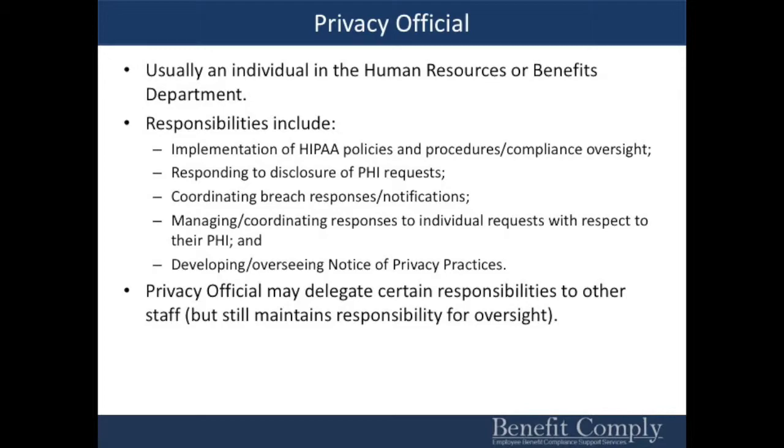The privacy official is also responsible for acting as a point of contact for questions about uses and disclosures of PHI, investigating and responding to known or suspected breaches, responding to individual rights requests, and overseeing development, maintenance, and distribution of the Notice of Privacy Practices, which we'll talk more about in a bit. The privacy official may delegate certain responsibilities to others, but that role still maintains the responsibility for ultimate oversight.